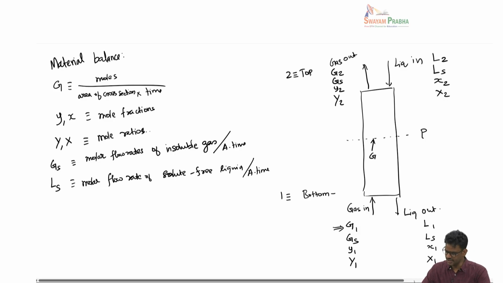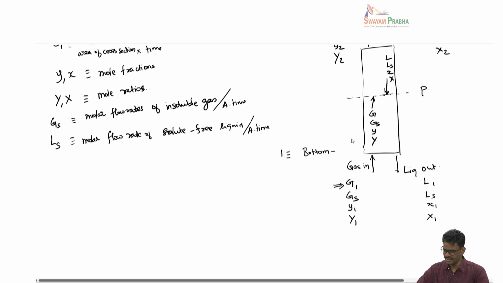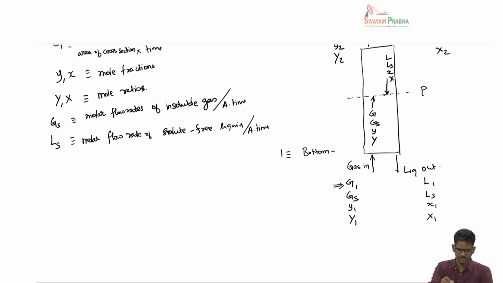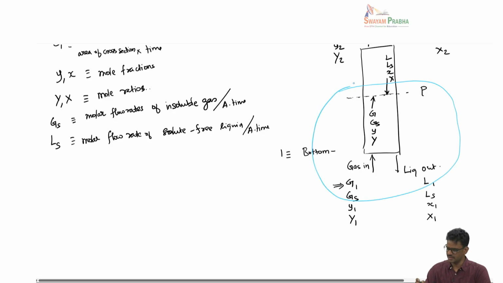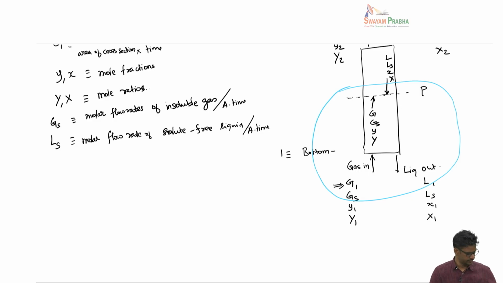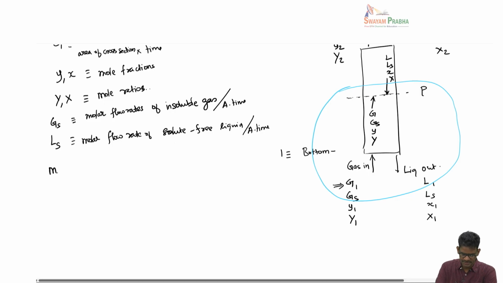You will have G at some point here, GS will be the same, and then you have y and capital Y. Similarly, the liquid that is flowing in at this particular point would have L, LS, x and capital X. Okay, so now we may want to write a mass balance for this particular envelope. So material balance.